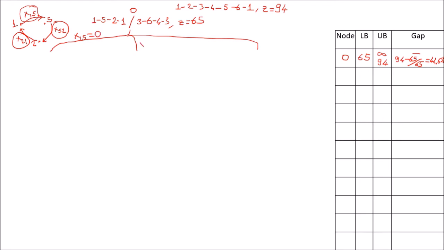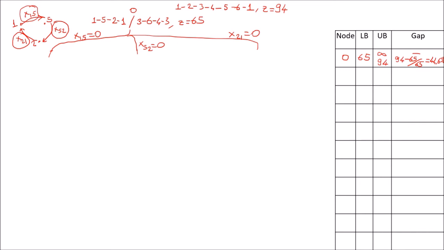In the second one, x52 to be equal to 0, and in the third one, x21 to be equal to 0. If you do not branch into 3, but just branch into 2 of them, then you may miss the optimal solution. You cannot say that the final solution is optimal. Okay, that's very important. So this is different from the classical branch and bound that we developed for the mathematical programming based solutions. So for this case, we are branching into 3.